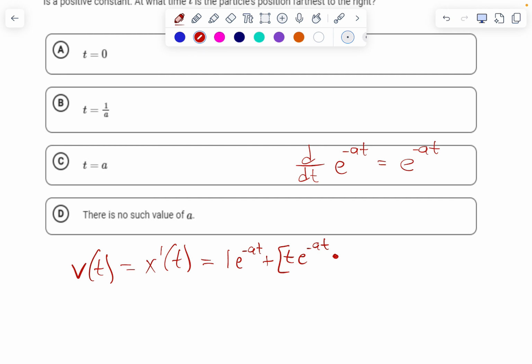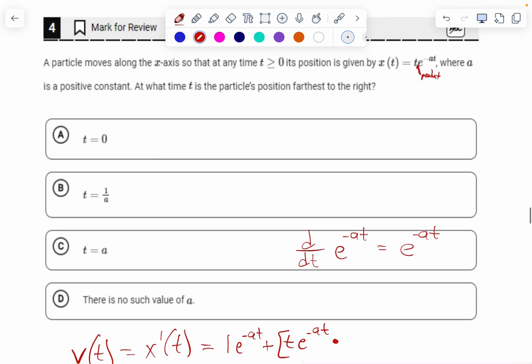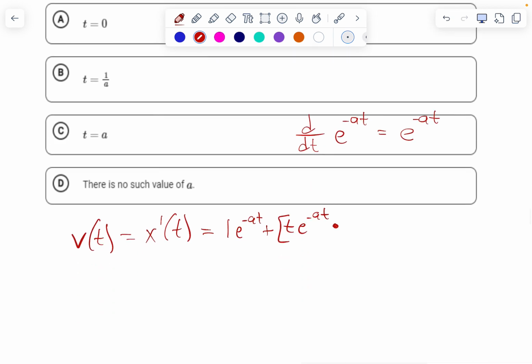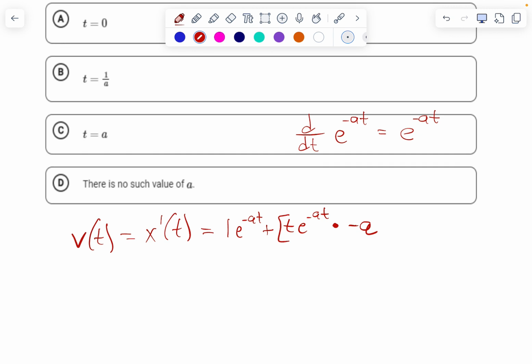And a, it told us, was a constant. It says a is a positive constant. So negative a. Everybody good on that part? Okay. So d/dt of negative a times t is just negative a. So that's kind of like piecemealing our chain rule up here. Outside function, inside function. Okay? Now, certainly we would like to clean this up some.